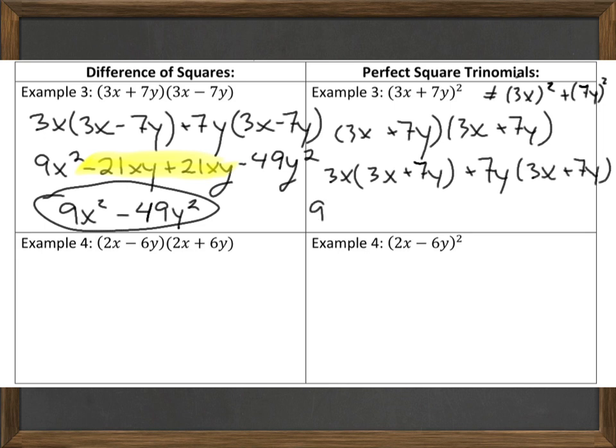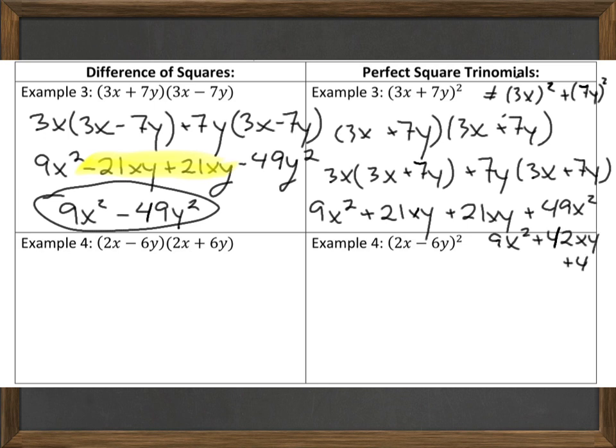Okay, so that's going to give me 9x squared plus 21xy plus 21xy plus 49y squared. The final answer should be 9x squared plus 42xy plus 49. Uh-oh, I think I wrote that wrong. Sorry about that, guys. This should be 49y squared.